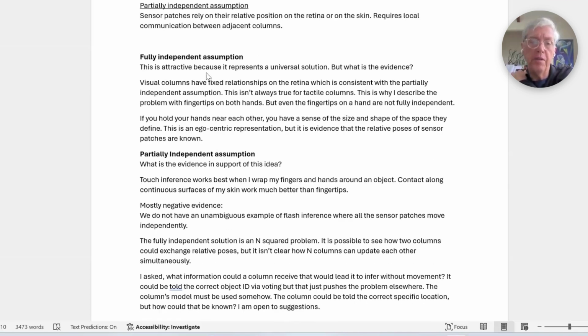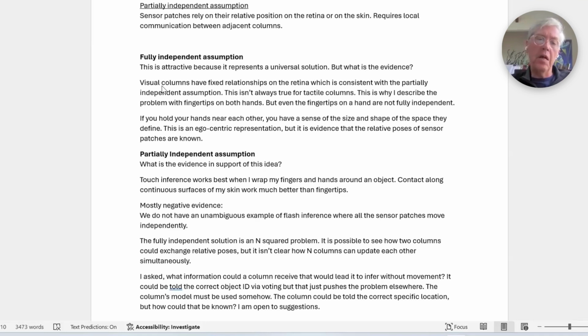The fully independent assumption is attractive because it's a universal solution. It says I can have any kind of patches in any orientation with each other, and no matter what it is, it's going to work. So when I started thinking about common algorithms and inference, I asked, what is the evidence for a central repository?